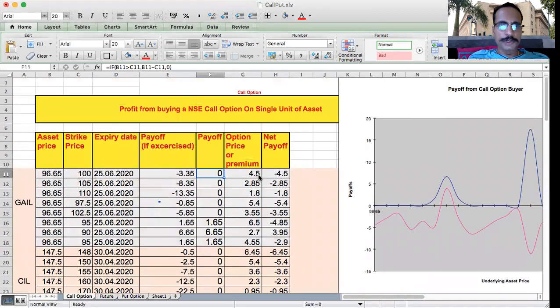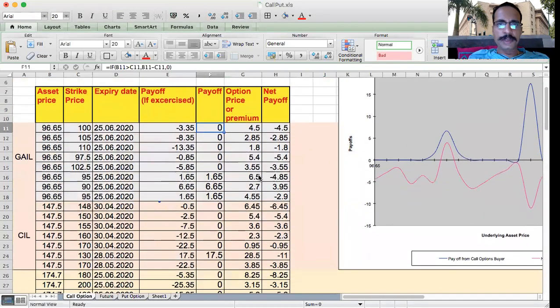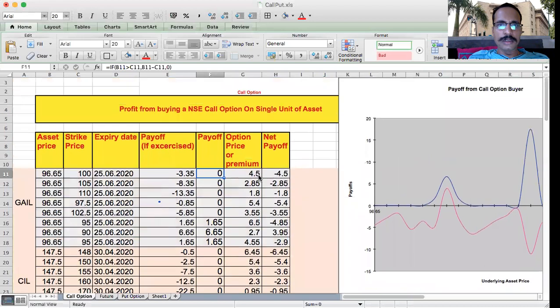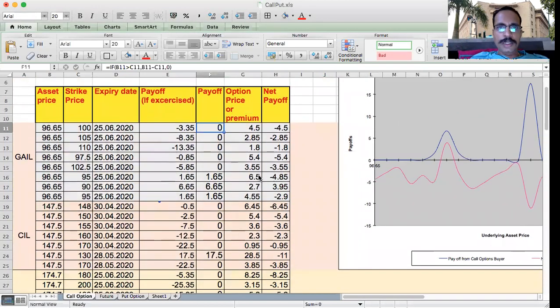So what is a call option? Call option is a right to buy, right? But it's an optional right, because I don't have an obligation to buy.